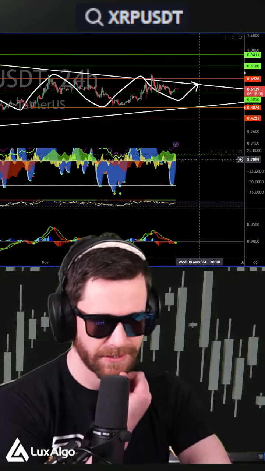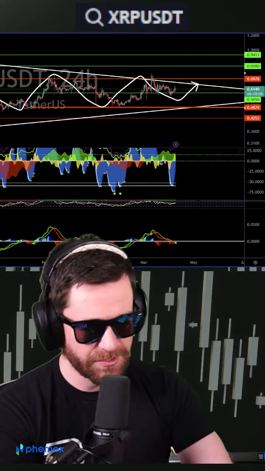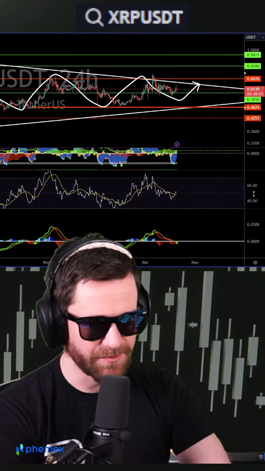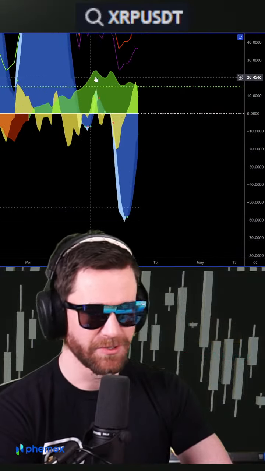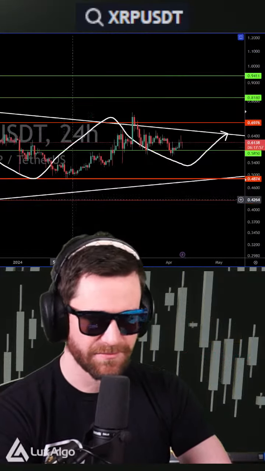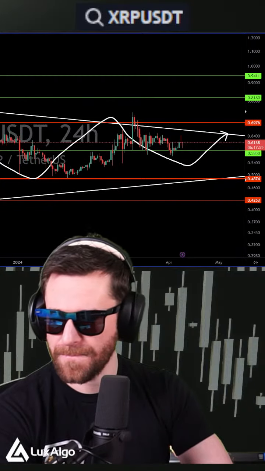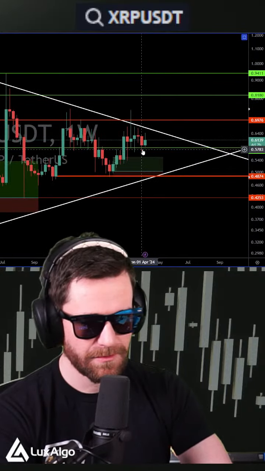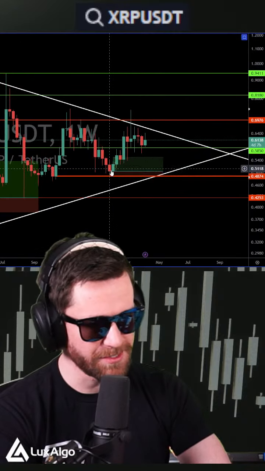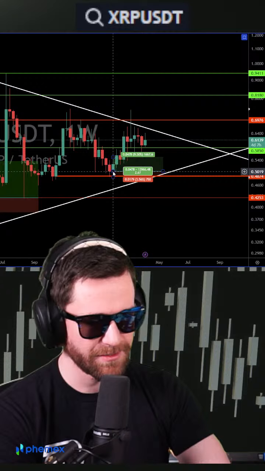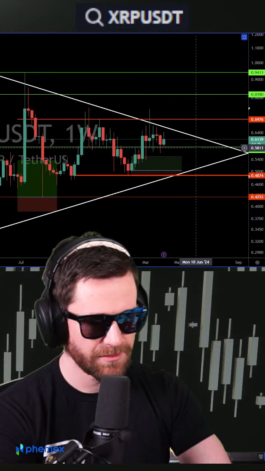Let's check this out. Not the strongest, but looks kind of like the rest of the market. Moving sideways. Money flow is positive, but it's not the most bullish looking. That's okay. Weekly. Actually, February. Early February is where I bought it, because we put this trade here.